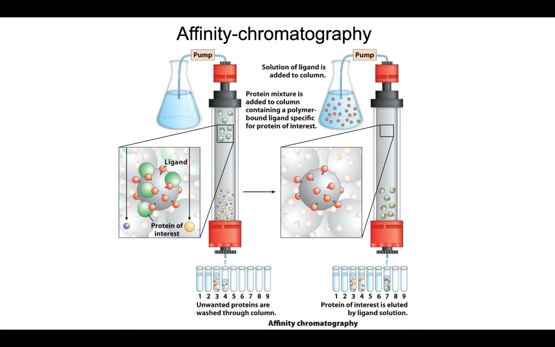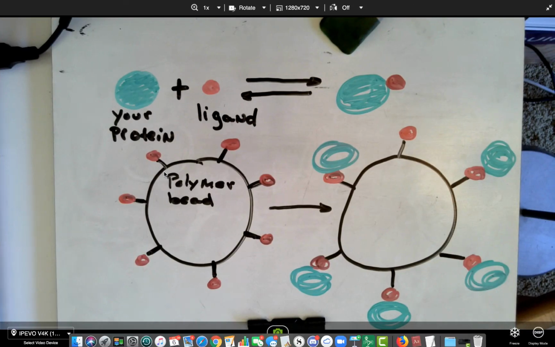And finally, perhaps the most complex, and that's called affinity chromatography. Now, this is dependent upon you knowing that your protein binds to something else, what's called a ligand. So let's take a look here.